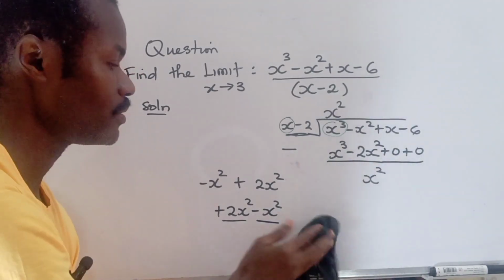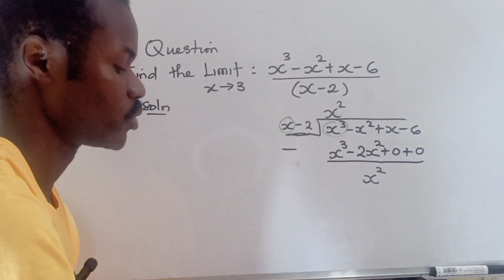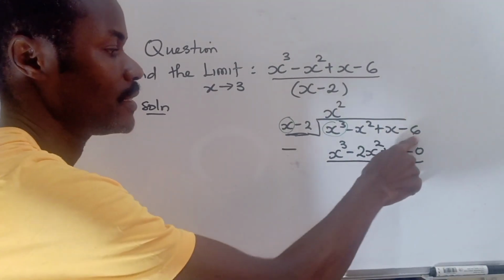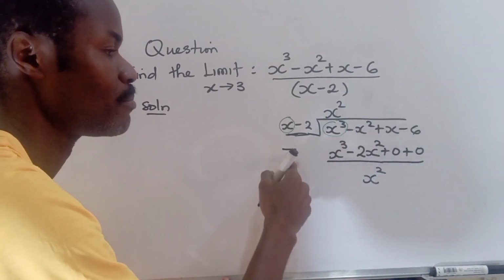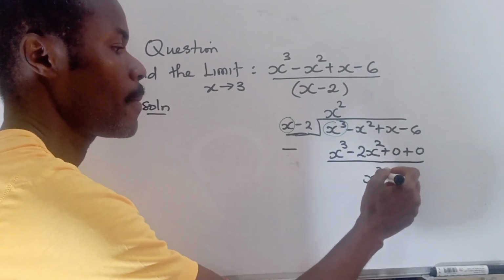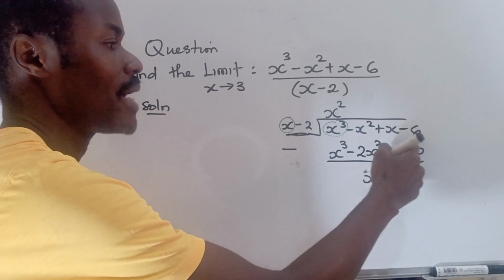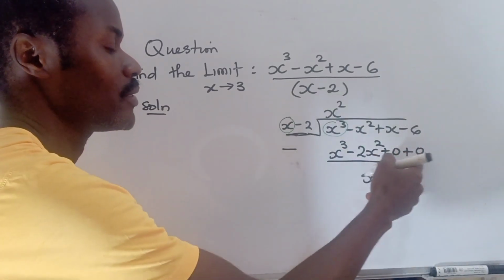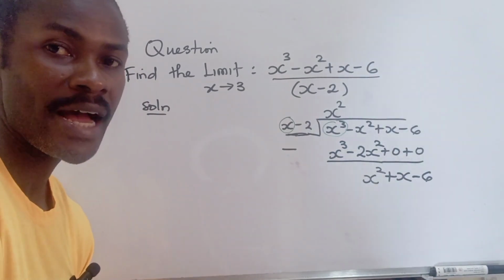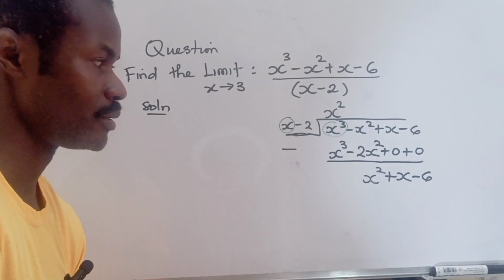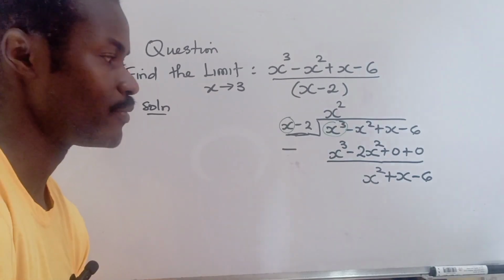Now we can also work this with the zeros. So we have plus x minus 0, which is still plus x. Minus 6 minus plus 0 is still minus 6. Now that we are at that point, we are going to divide further.